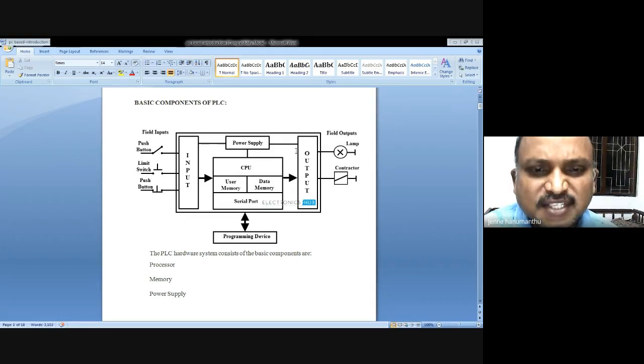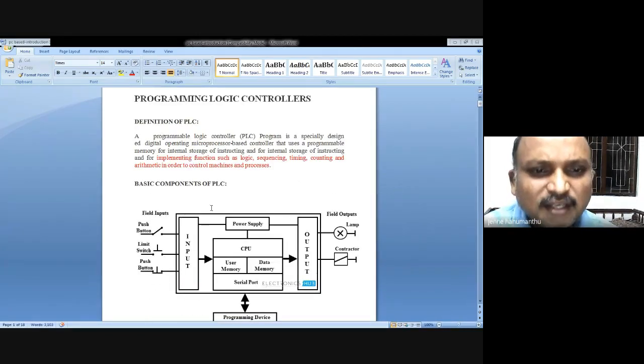It is a simple computer system: CPU, central processing unit, and memory, user memory and data memory, and some input output ports. These are called serial ports, for interfacing purposes. For working of this PLC, we need some power supply. Once the input is accepted by this PLC, it is processed here, and it will give some actions as output. What action?